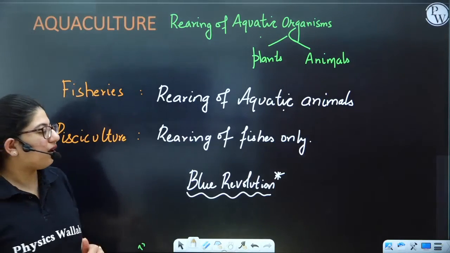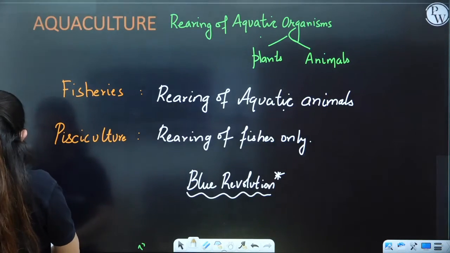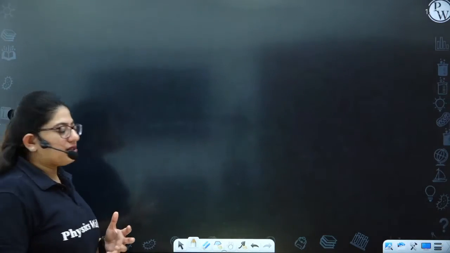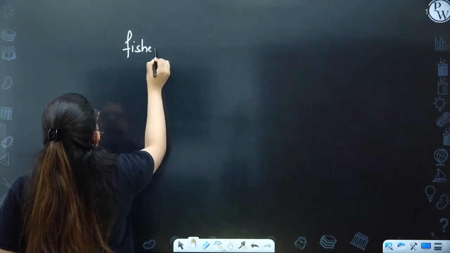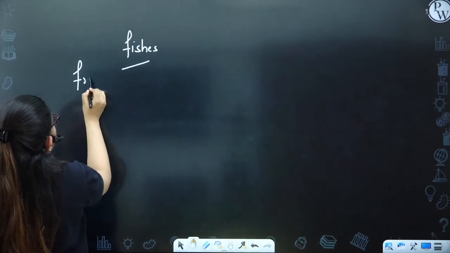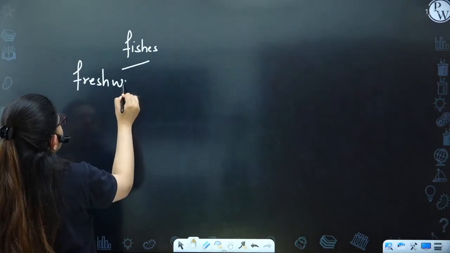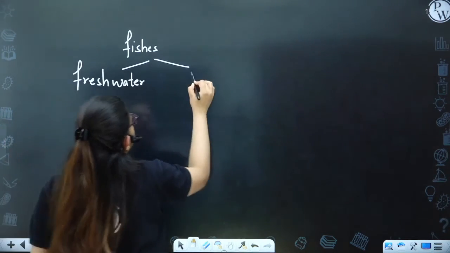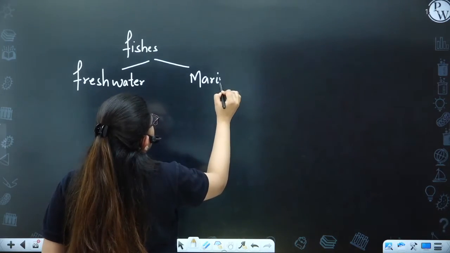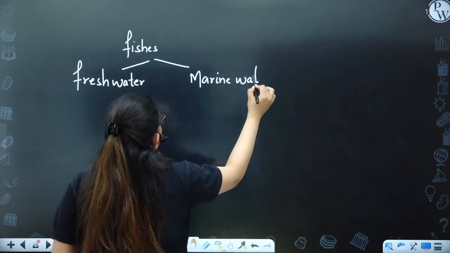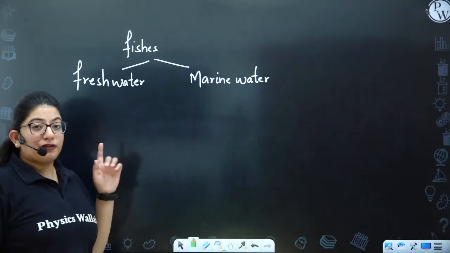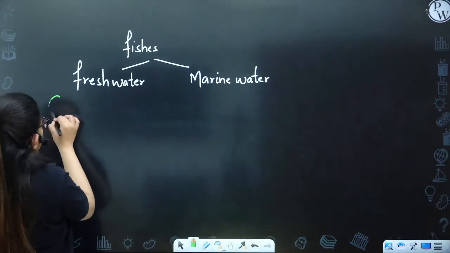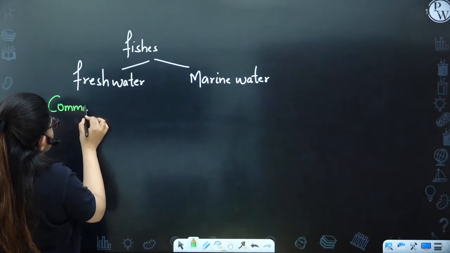Okay, all right. If I talk about the fishes in aquaculture, what types of fishes do we eat? Fishes are of two types: freshwater fish and marine water fish. If I'm talking about freshwater fish, you must have heard of the common carp. These are the fishes people eat.